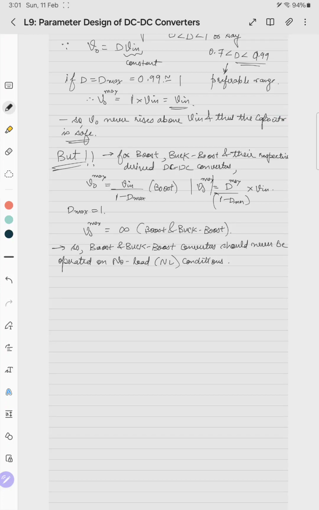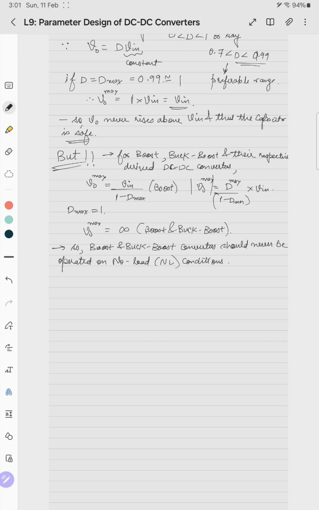Or whatever is the limit of Dmax, you have to reduce the limit of Dmax. So Dmax, instead of being 1, you have to reduce it, so you can use the preferable mode of operation of your converters. So either you put some load on these boost and buck boost converters, or you reduce Dmax.